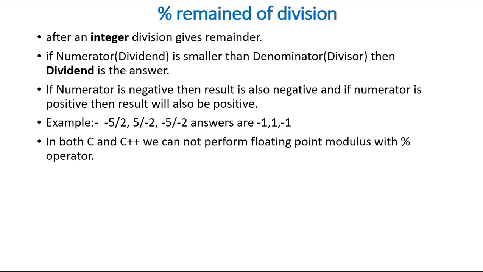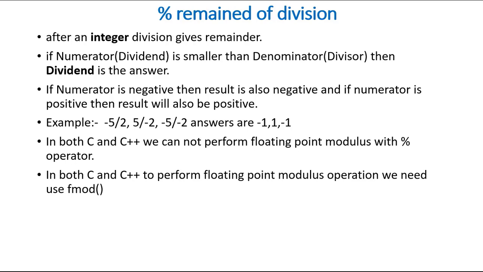So it means in C and C++ we cannot perform floating point modulus operation with the percentage operator or modulo operator. In both C and C++, to perform floating point modulus we need to use the fmod function, meaning floating point modulus.